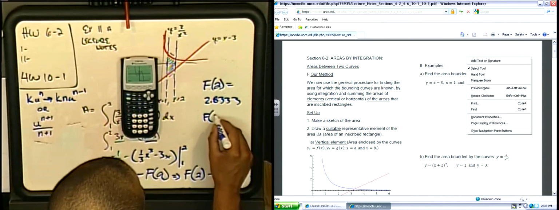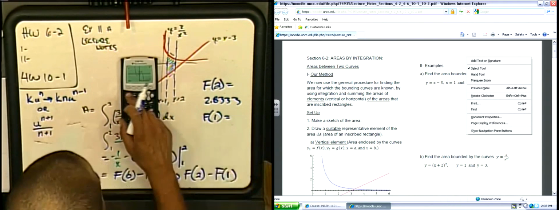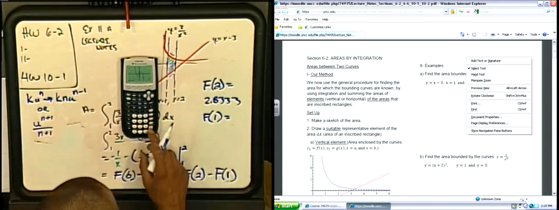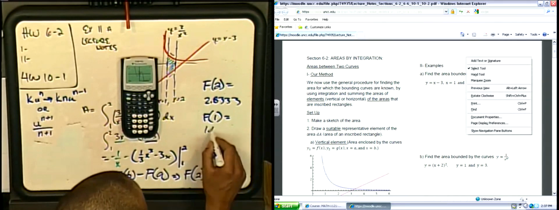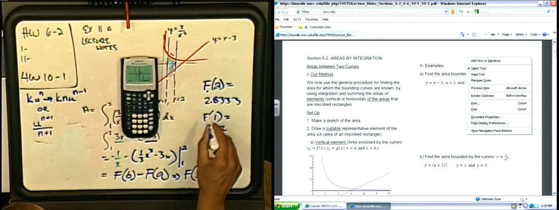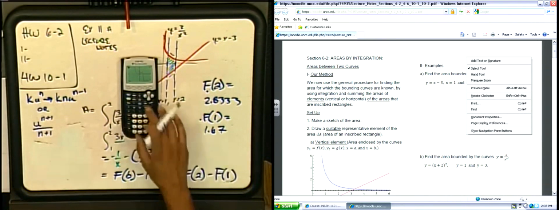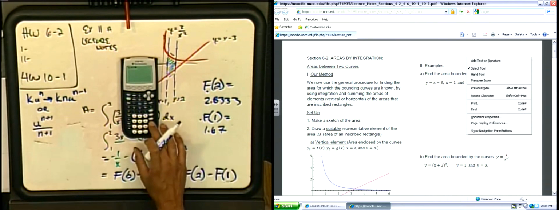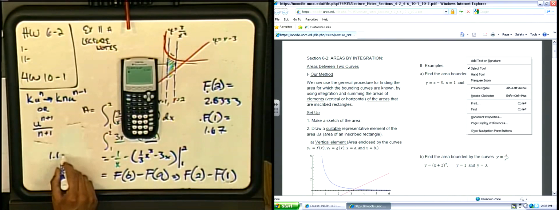F of 1 equals 1.67. F of b minus f of a is 2.833 minus 1.67 equals 1.163, which is the area in units squared.